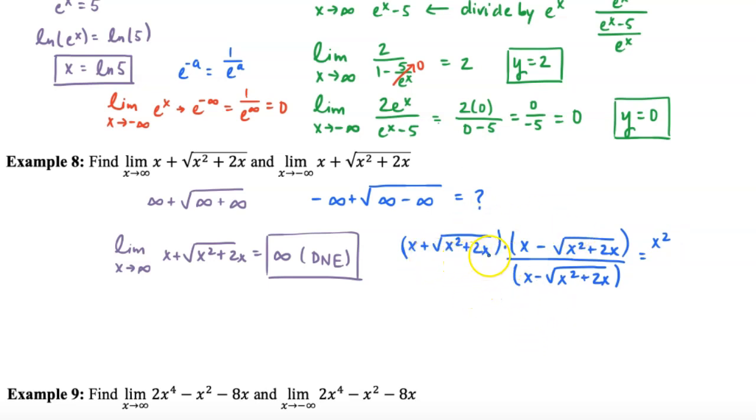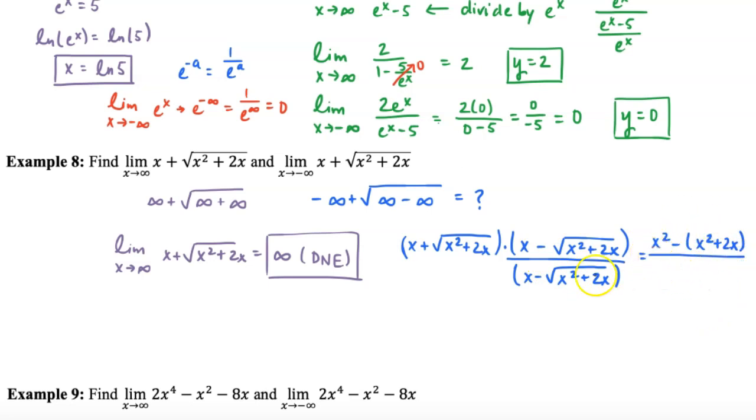So the square root of x squared plus 2x times negative square root of x squared plus 2x. When I multiply an expression inside a square root by itself, that square root's just going to cancel. And so I'm going to have minus x squared plus 2x, making sure that I have parentheses around this expression because I'm subtracting this entire expression.